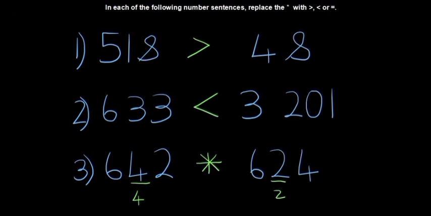And we do know that a 4 is greater than 2. So that means 642 is greater than 624. And we know we have chosen the correct symbol here because the open side of the inequality sign is facing the larger number.